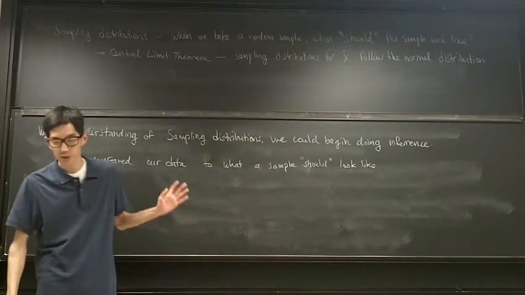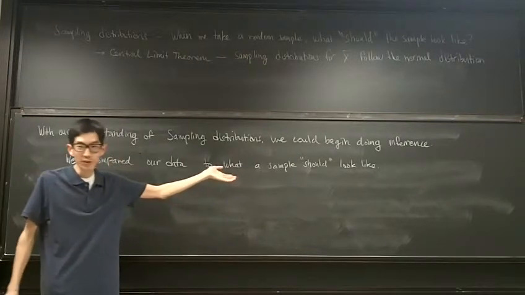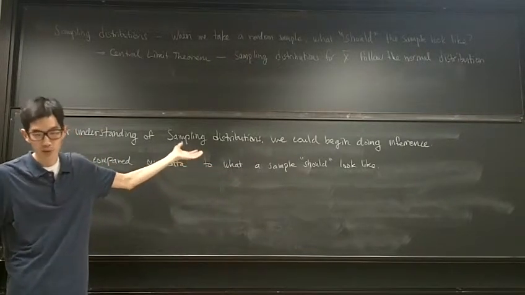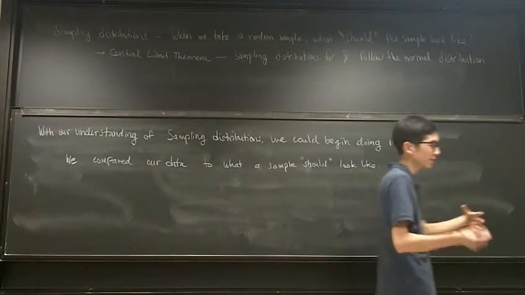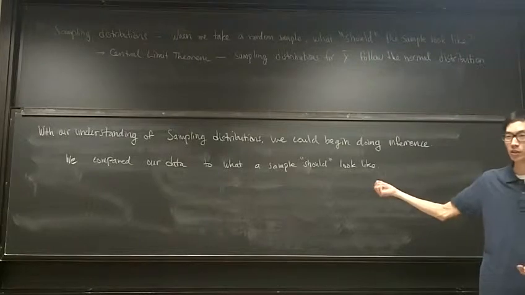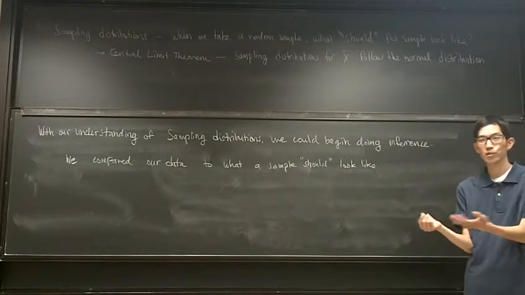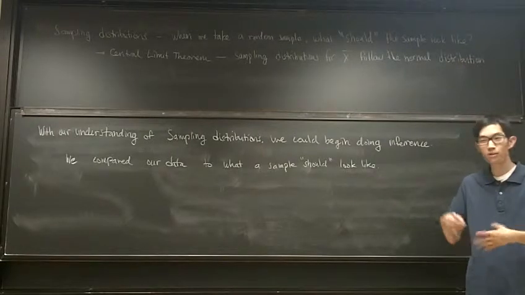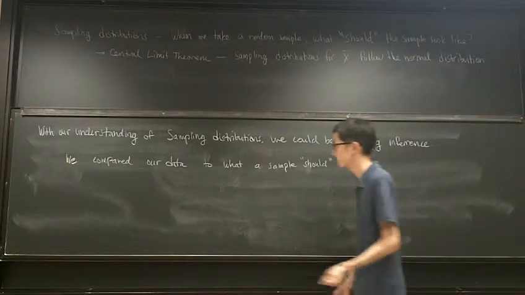And almost always, our data is a little bit different from what it, quote, should look like, what we're expecting. And the question is, the difference that we observed between our actual data and what we're expecting, is that difference significant? Or could that difference just be a result of random chance?